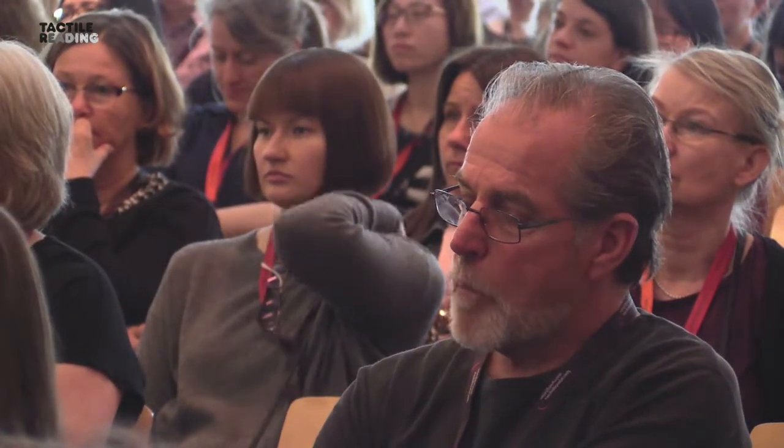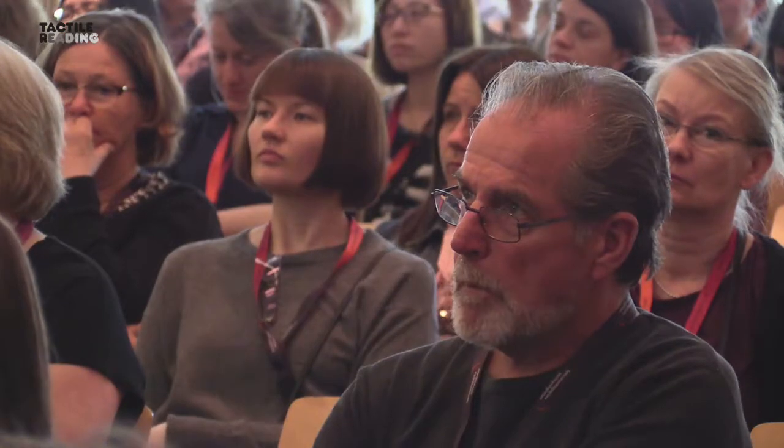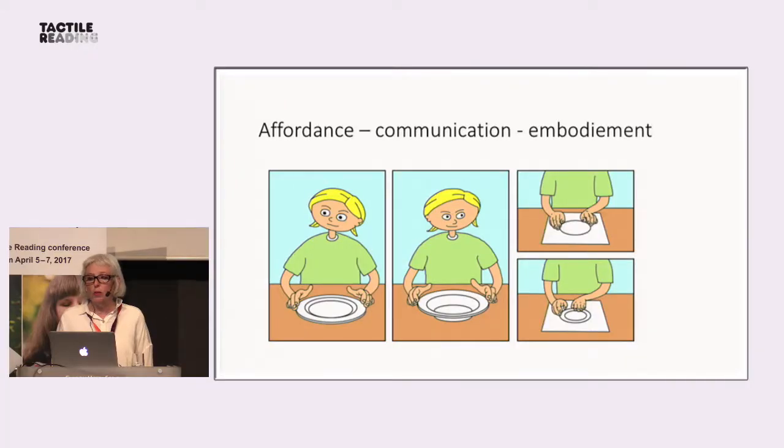In the slide which I'm showing here, we see a child who explored two kinds of plates, a deep plate and a flat plate. The child then looked at tactile pictures representing the plates. The context will affect how the child interprets the tactile pictures of the round shape.